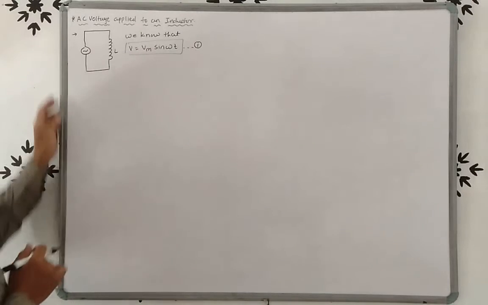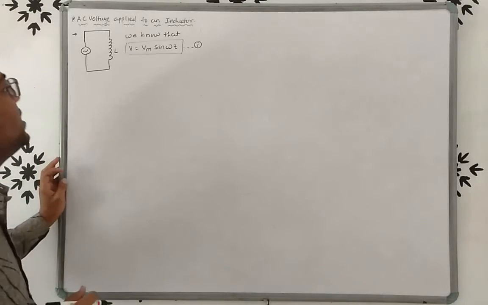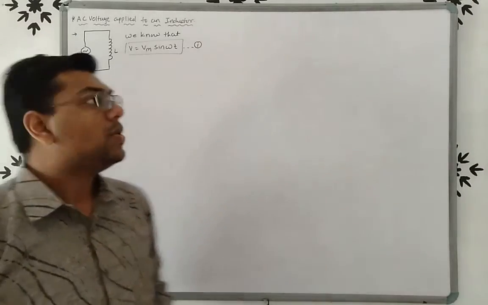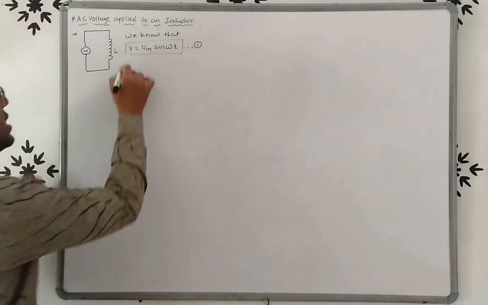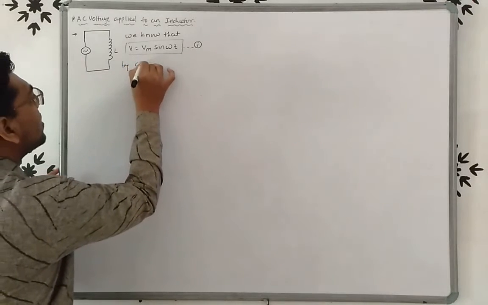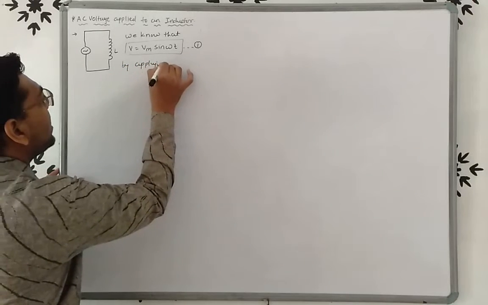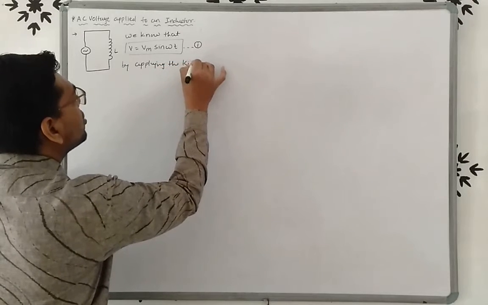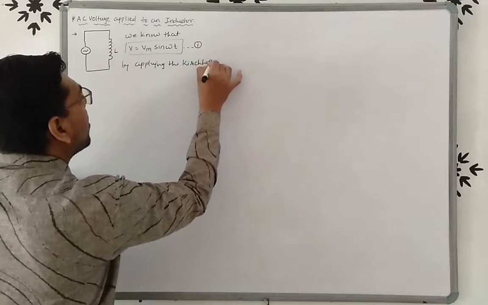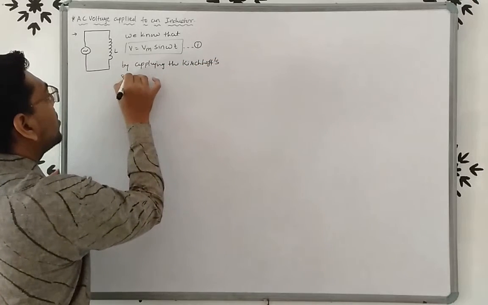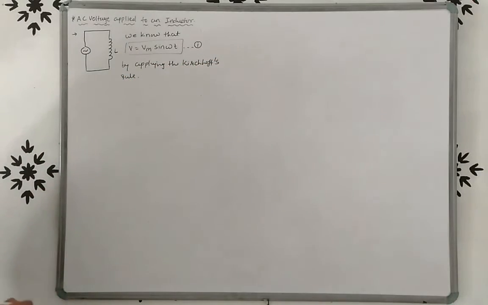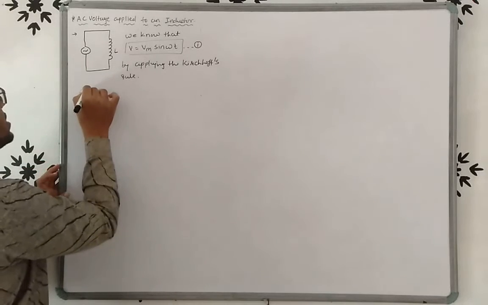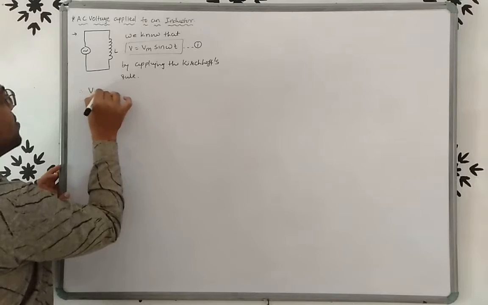Now to derive the equation of current, we apply Kirchhoff's rule to this loop, right? So by applying Kirchhoff's rule, this is the potential V minus.